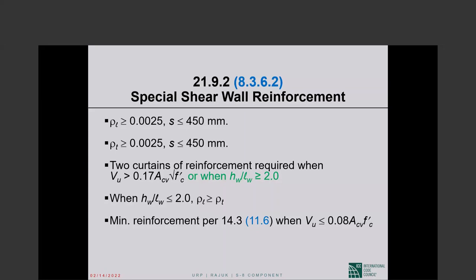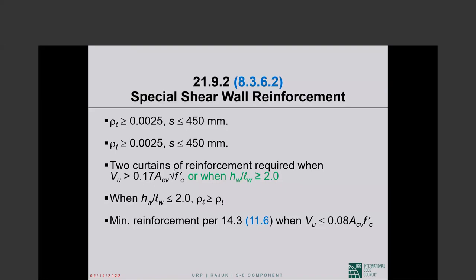Then for height to length ratio less than or equal to 2, where you are not exactly assured of flexural failure ahead of shear failure, the vertical shear reinforcement ratio shall be at least equal to the horizontal shear reinforcement ratio. Okay, so for the shorter walls, all the way up to height to length ratio of 2, the vertical shear reinforcement shall not be any less than the horizontal shear reinforcement.